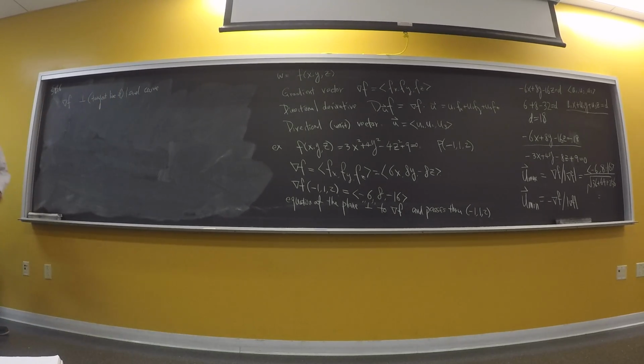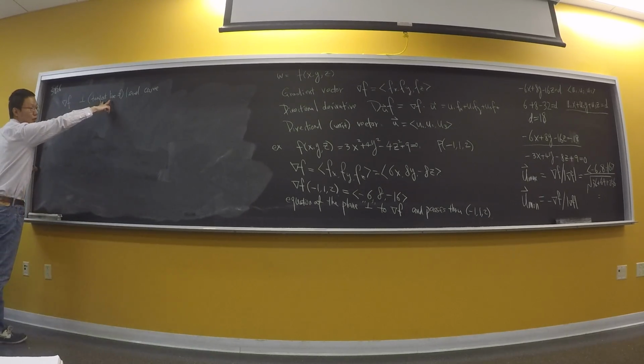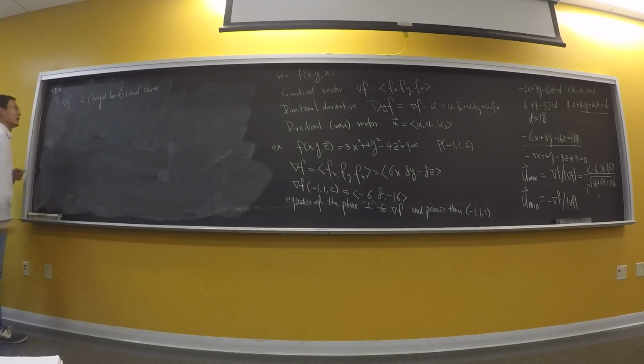Right? A level curve is a curve. We're talking about orthogonality, so it has to be a vector with another straight line or another vector. So the gradient is always orthogonal to the tangent line or the tangent vector of the level curve. So I want to give you one example to really see this fact.